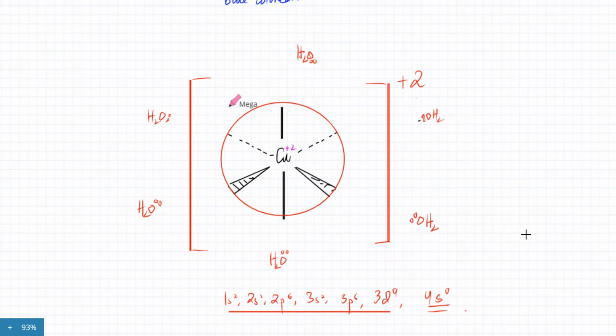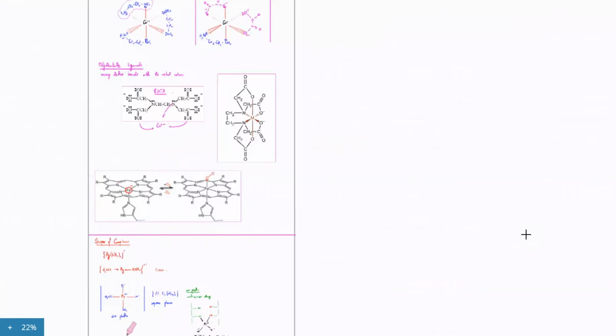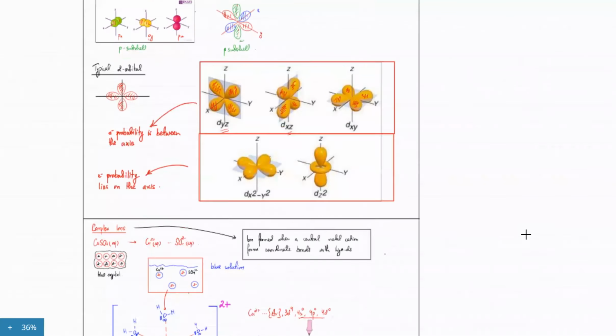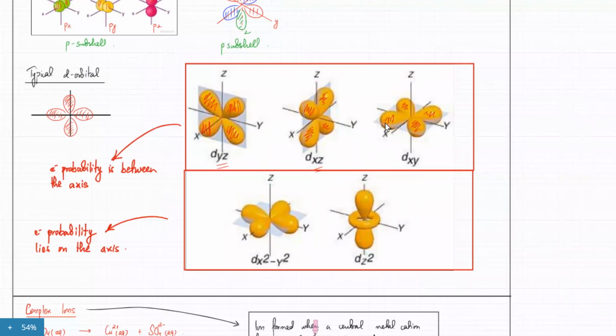Now listen to this carefully. The 3d are the electrons that are inside the shell, and we did discuss what the 3d orbital looks like in the previous classes. We discussed that the 3d has 5 orbitals. So you've got electrons that are lying between the x and z axis, the y and z axis, the x and y axis.